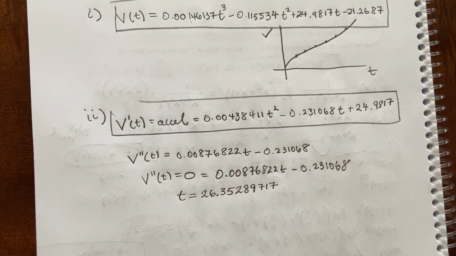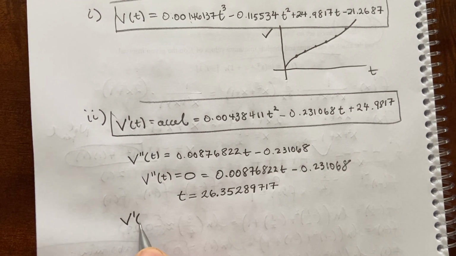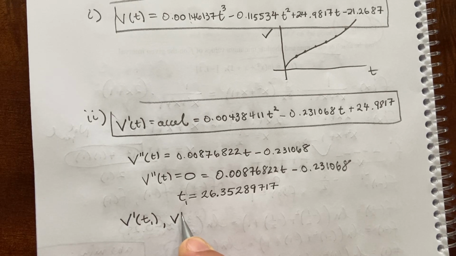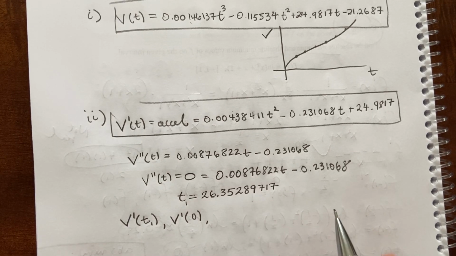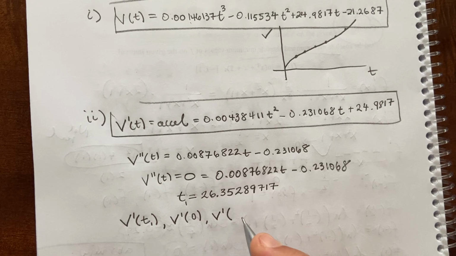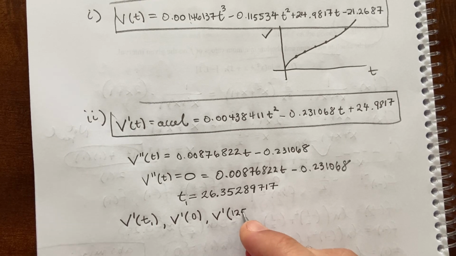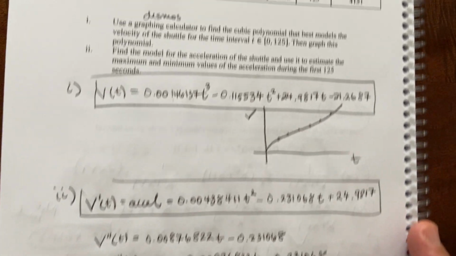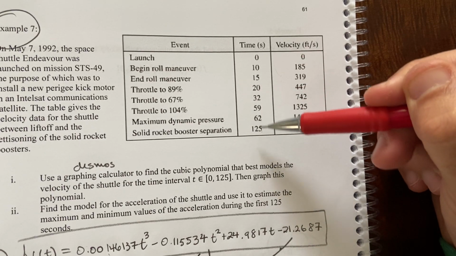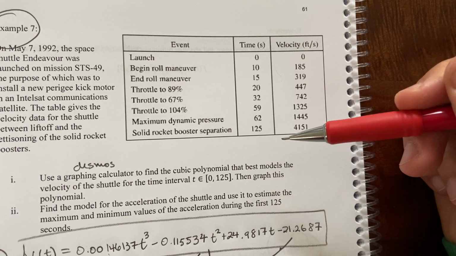So this would be a critical number of this acceleration function. So what we're going to do is find v prime of it. I'll call it maybe t1. So I'll find v prime of t1, and then I'll find v prime of 0, in other words, the endpoints, just like we were doing before, and v prime of 125, the endpoints of our interval from the data. This is our given interval in this case, essentially.